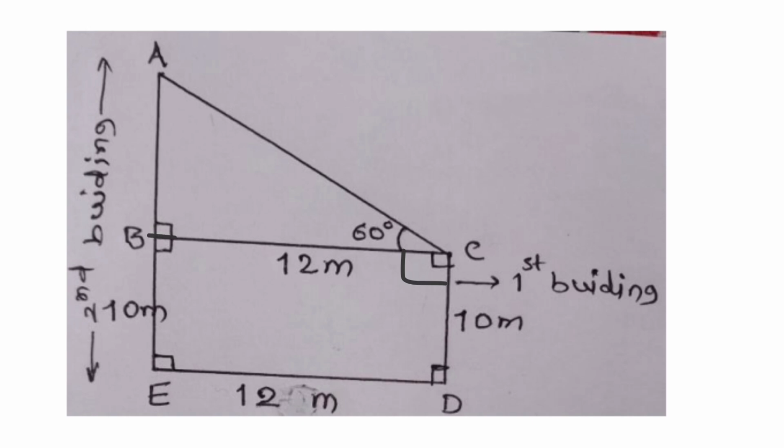Therefore, this quadrilateral BCDE is called a right angled quadrilateral. But in a right angle quadrilateral, if adjacent sides are not equal, then that right angle quadrilateral is called a rectangle.